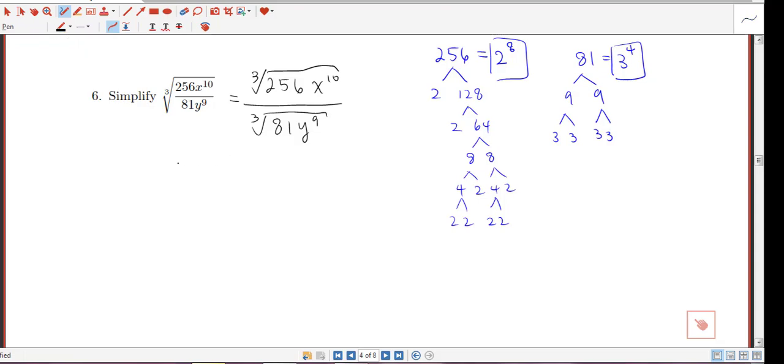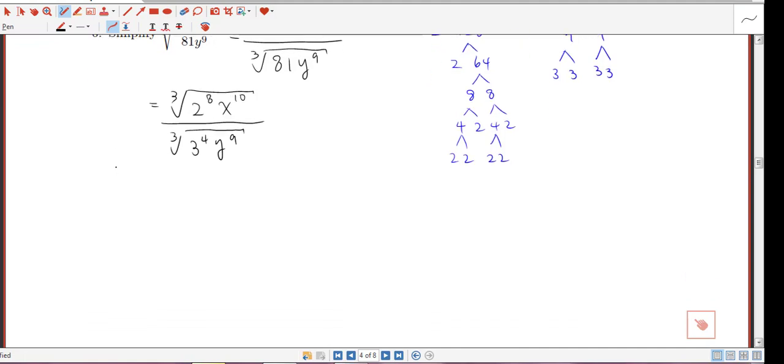Okay, so let's just rewrite it. So this is going to equal the cube root of 2 to the 8th, x to the 10th, whole thing over the cube root of 81, not 81, sorry, we broke down the 81. So it's going to be what? 3 to the 4th times y to the 9th. Now we're going to break this off even further.